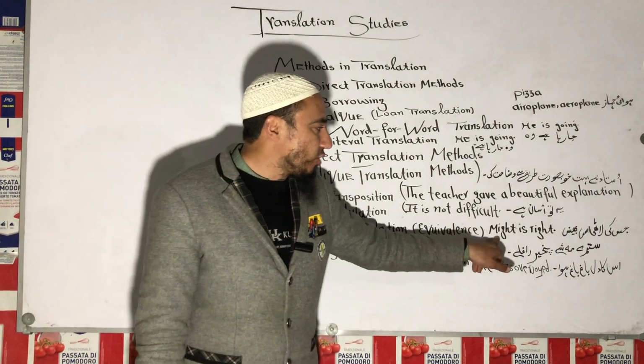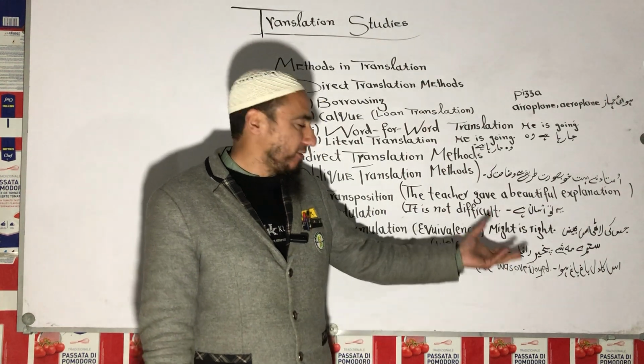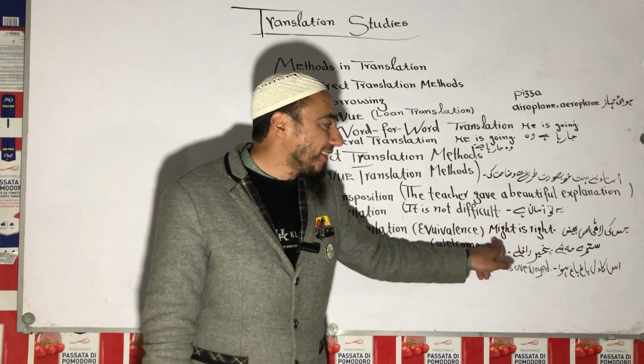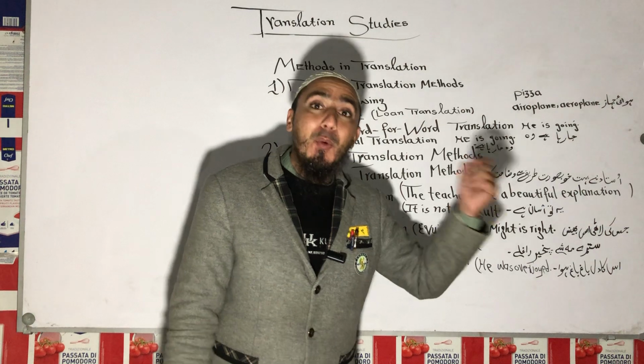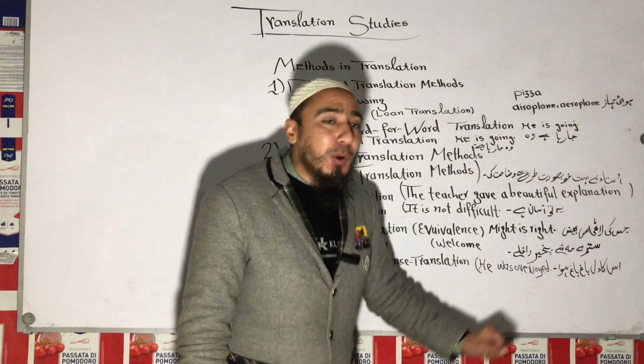For example, in English we have the proverb might is right. Here the literal meaning will not be taken because it is a proverb, so the same kind of proverb will be made in the Urdu language.